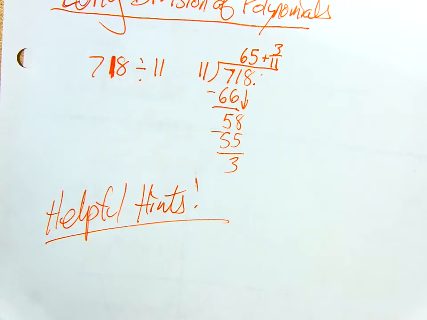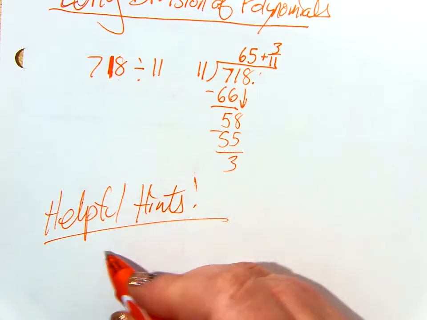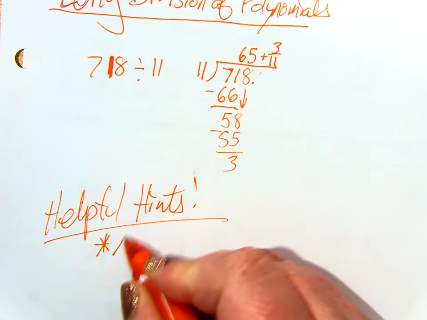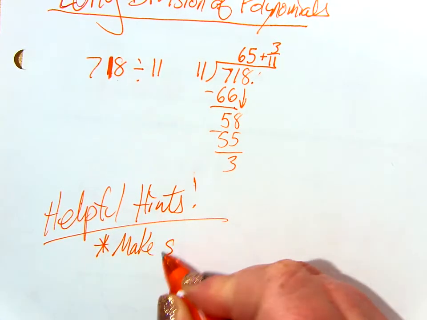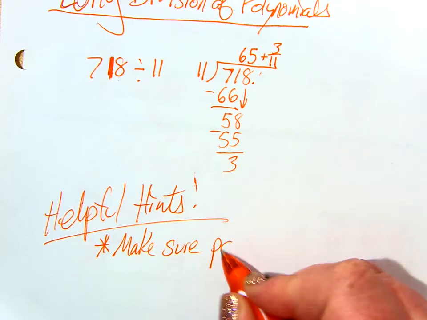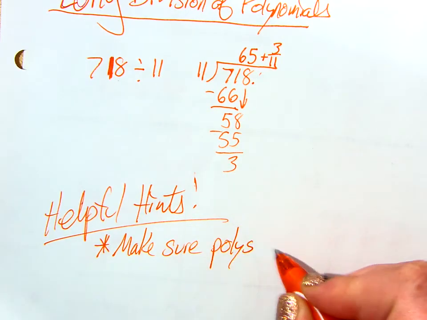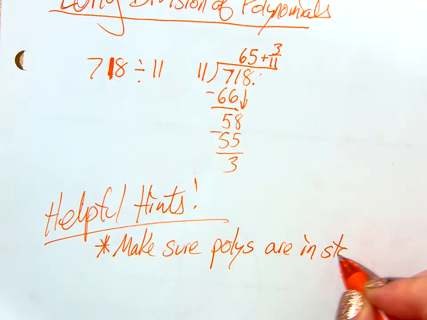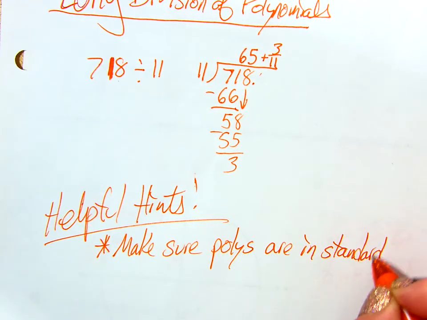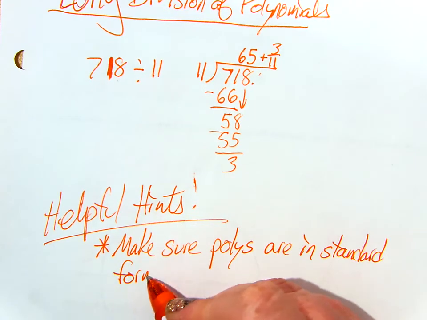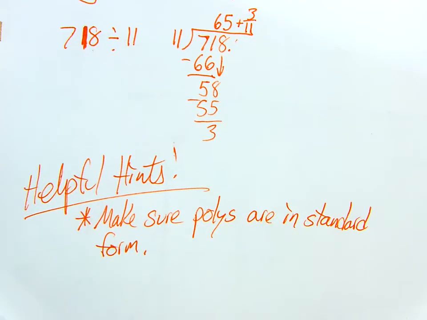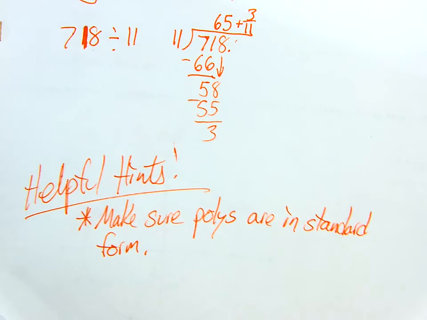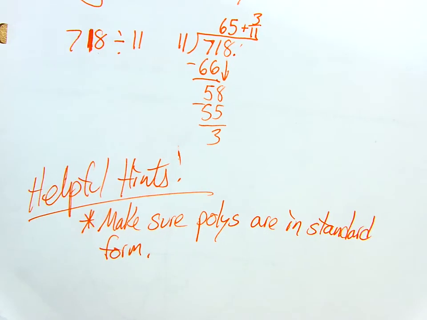So if it doesn't start with the highest exponent and then work its way down, you have to rewrite them. Okay? So first, make sure polynomials are in standard form. And that goes for both the divisor and the dividend.